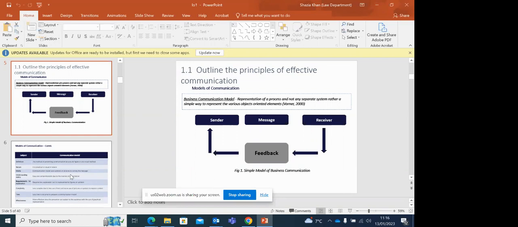You have the message, and then you have the sender, who may be you or someone else, and then the receiver. And then the simple model of communication is when they give feedback. So it's really important that there are different models of communication that are used within health and social care.